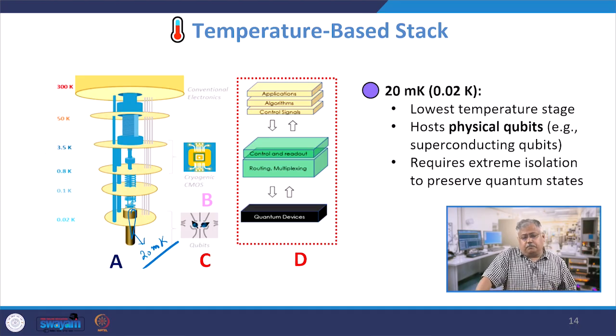The whole block is known as a dilution refrigerator, and there will be a big vacuum chamber, but we will not go into details. For this chamber to be maintained at 20 millikelvin, you require very good thermal isolation, and that is one of the challenges of designing such thermal stacks: how to design them so that you are able to isolate the temperature inside, at the qubits, from the external world, right. And that is what the temperature stack control is.